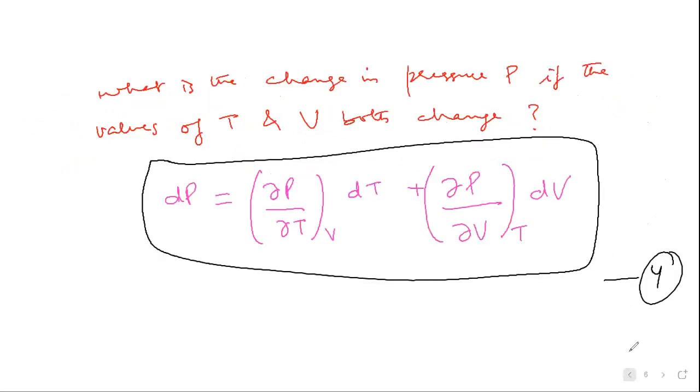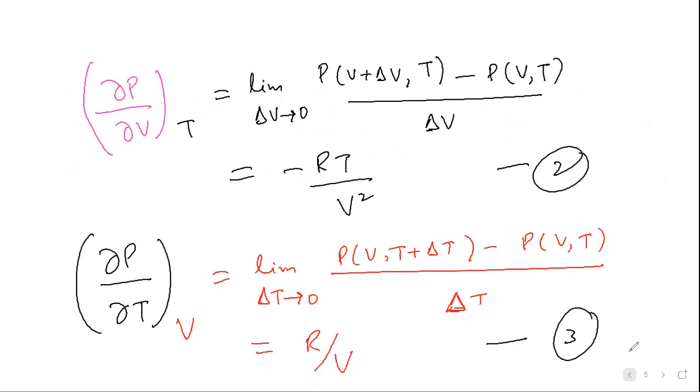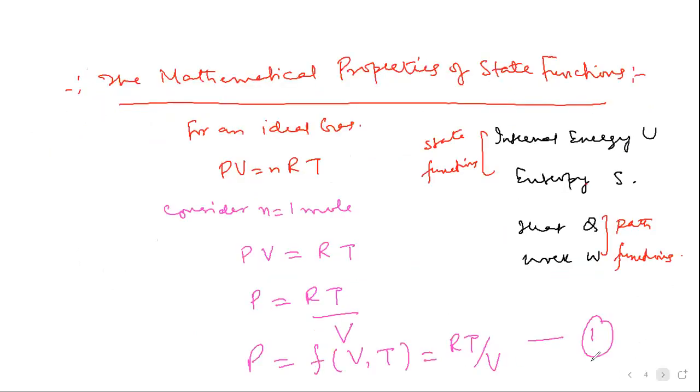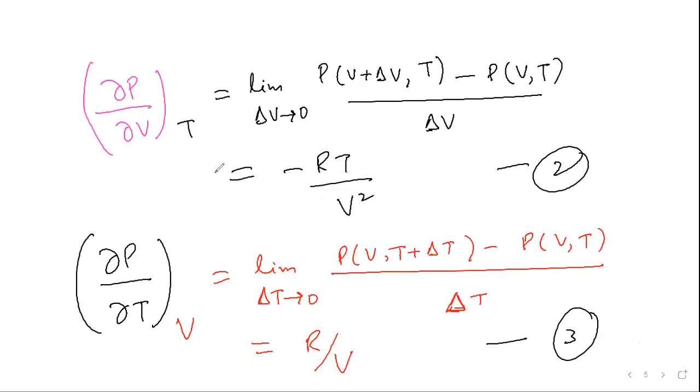If you use this equation, you have found the first partial derivative of pressure with respect to volume. That's minus RT by V square with respect to volume, keeping temperature constant.